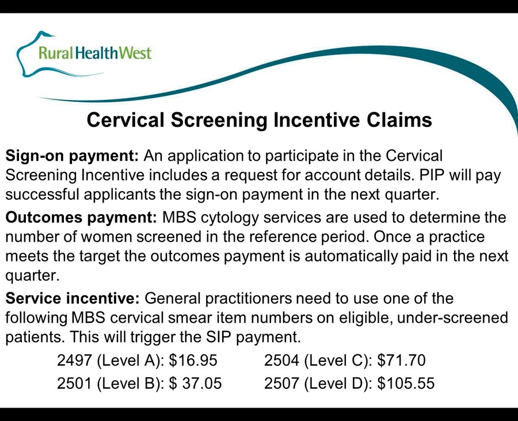General practitioners need to use one of the following MBS cervical screening item numbers on eligible under-screened patients to trigger the service incentive. The item numbers are 2497, which is the equivalent of a level A, 2501, which is the equivalent of a level B, 2504, which is the equivalent of a level C, and 2507, which is the equivalent of a level D.